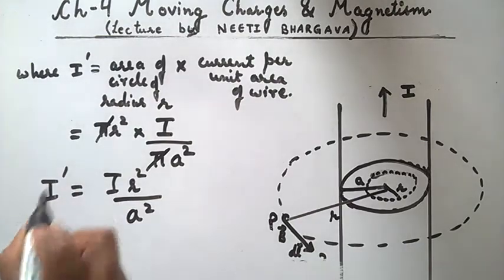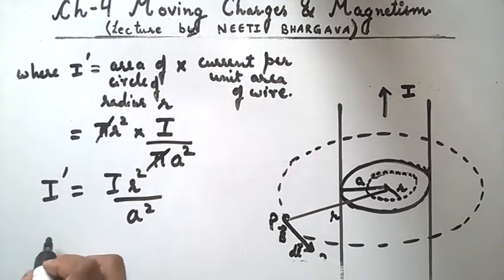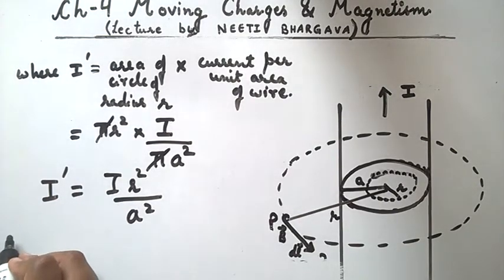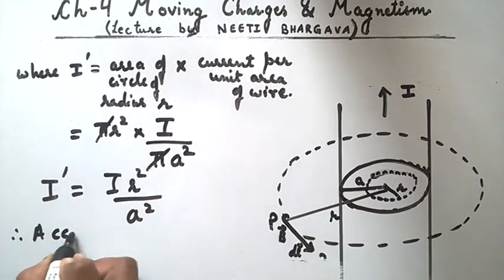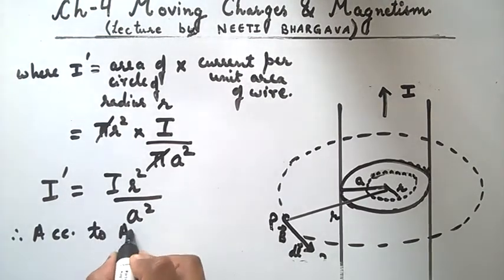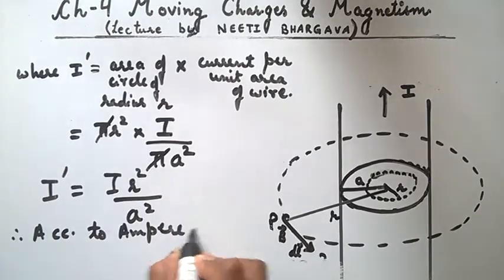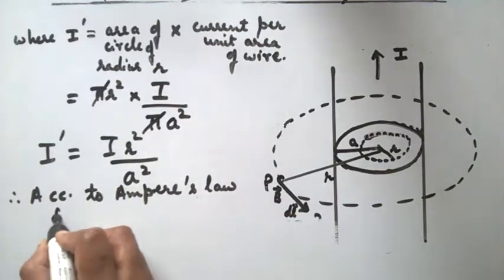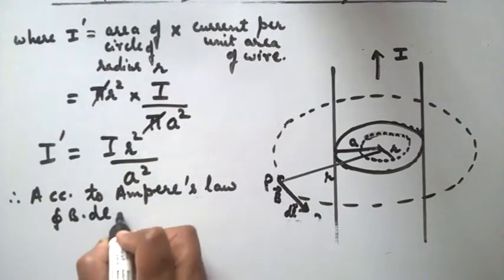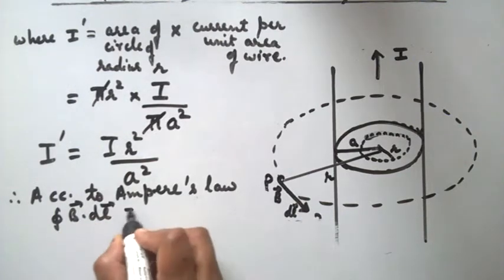This is the current which is less than the actual current. Therefore, according to Ampere's law, closed integral B dot dl equal to mu naught I dash.